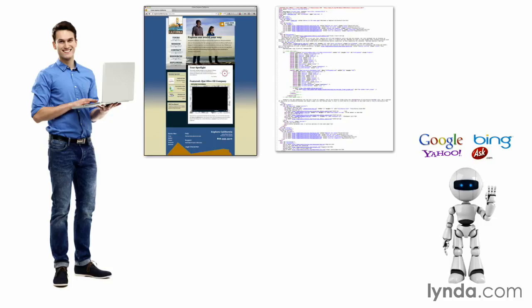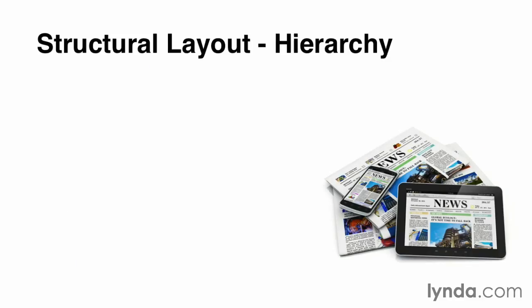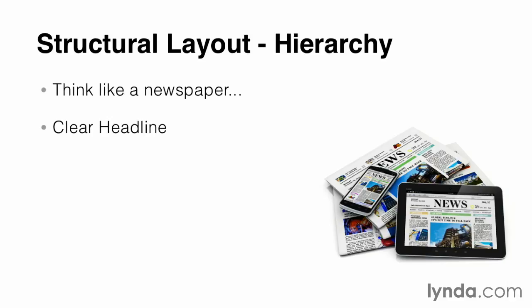And so when you're building your pages and building a hierarchy of content, it's important to think like a newspaper. You see, a newspaper has a clear primary headline. Everything is contingent upon the information that is on that big, bold headline, and you want to be sure that people see that, and then all the other subheadings are smaller, but they present details about that primary headline.